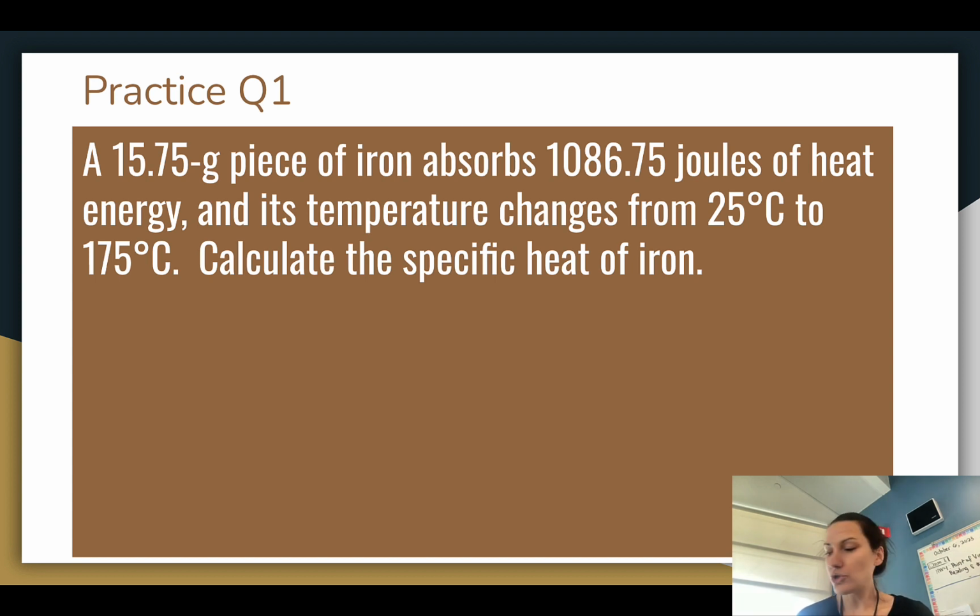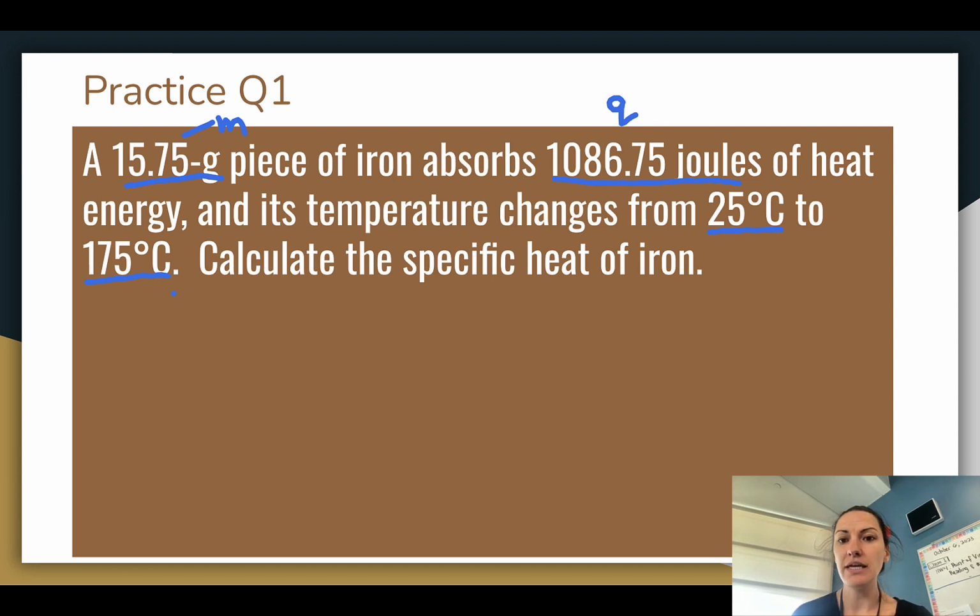So let's just try an example here. It says a 15.75 gram, okay, so I'm noticing that that's going to be a mass, piece of iron absorbs 1,086.75 joules of heat, okay? That is an energy, so that's our Q. And its temperature changes from 25 degrees Celsius to 175 degrees Celsius.